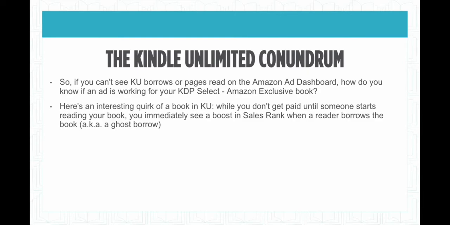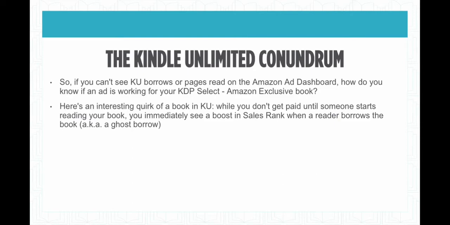You don't get paid until someone starts reading your book, because you get paid by the page. But as soon as someone borrows your book, they add it to their Kindle device for their 10 Kindle Unlimited books, you immediately see an improvement in sales rank. So when someone borrows the book, which is sometimes referred to as a ghost borrow, you immediately see an improvement in sales rank.